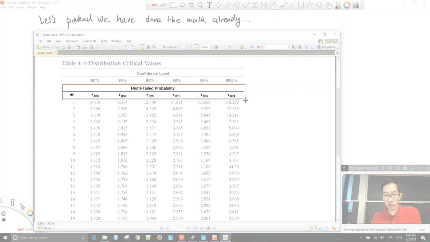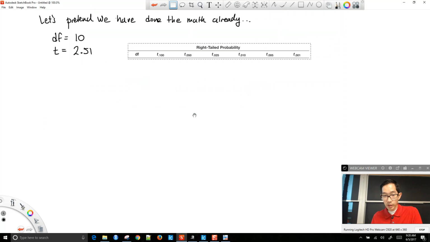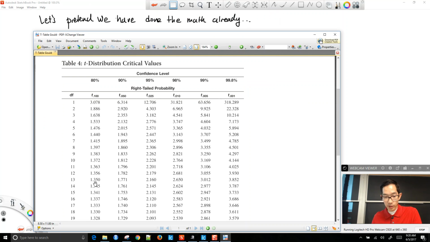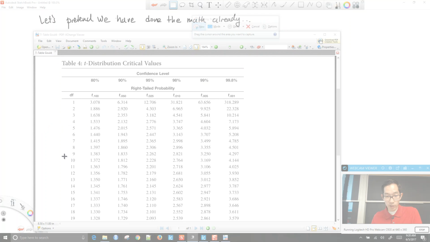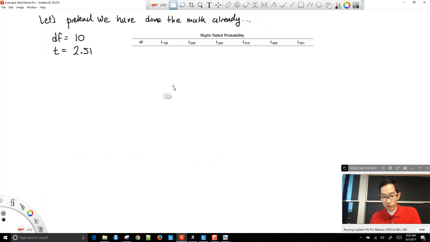I'm going to copy this top part right here. I just go to the table and look up the row for degrees of freedom equal to 10, and just to illustrate it here, I'm looking at this row that says degrees of freedom equal to 10.